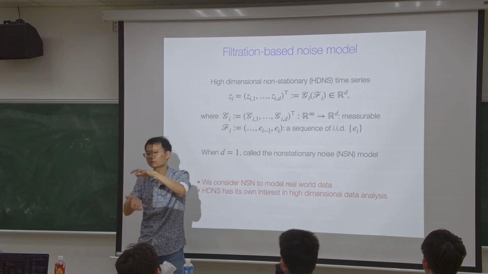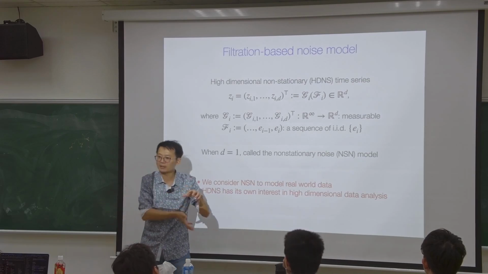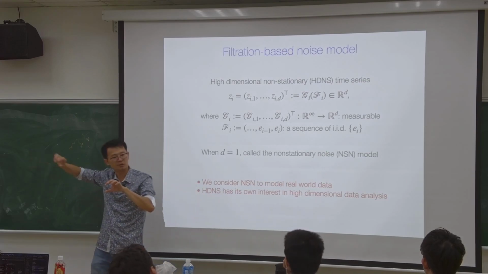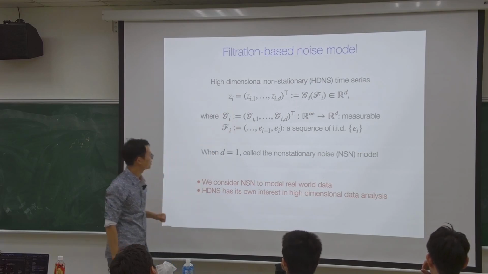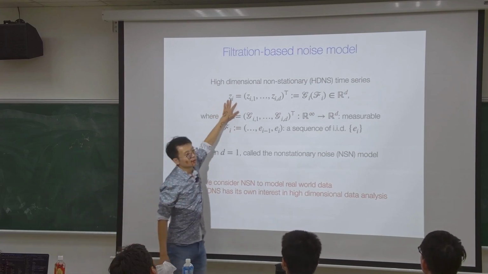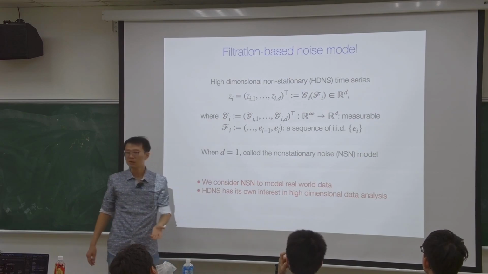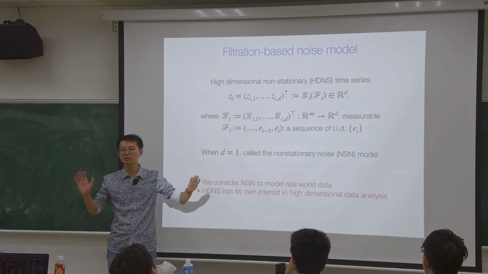And some filtering machine which changes from time to time absorbs the historical data and spits out some noise. We just assume that this Z_i has mean zero and finite moments. That's the only thing we need.